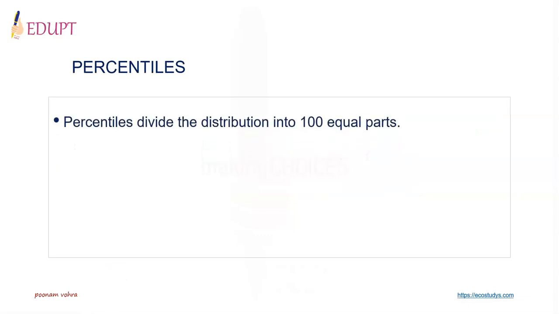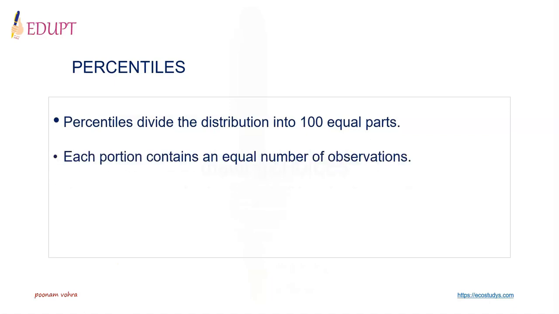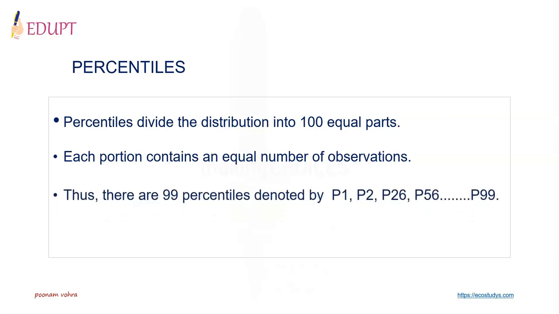Percentiles divide the distribution into 100 equal parts and each portion contains an equal number of observations. Thus, there are 99 percentiles denoted by P1, P2, P10, P30 and so on till P99. P50 is the median value.